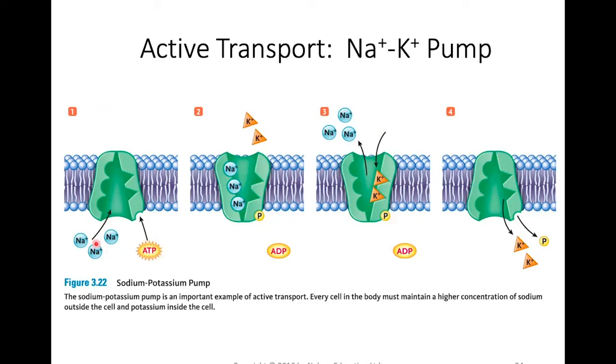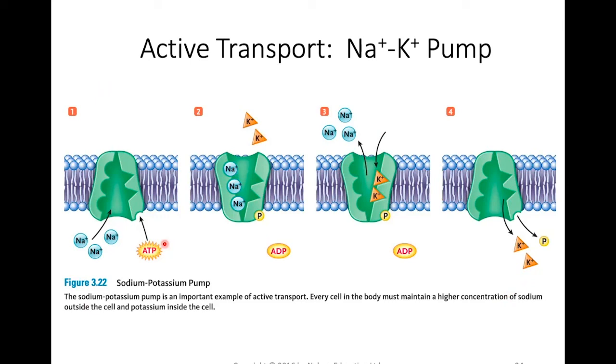Why? Because we are actively pumping sodium out into a region that's already high in concentration. And we're going to be pumping potassium into the cell, which is going to be moving it also against its gradient into a high concentration zone. All right, think of it as salmon swimming upstream, right? Trying to get to their spawning grounds.